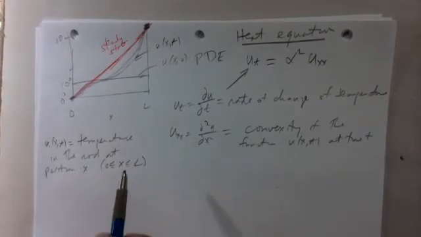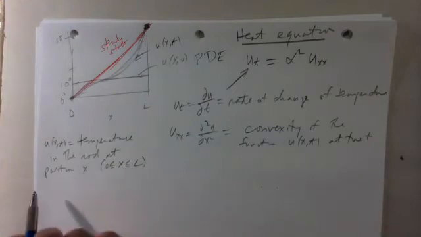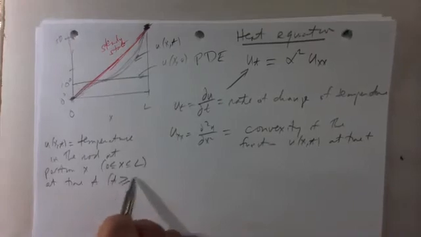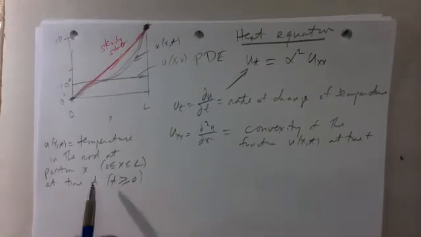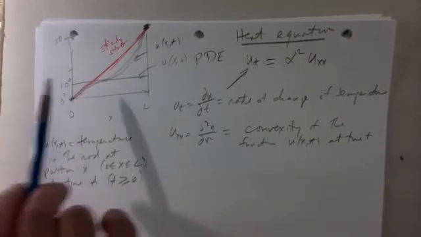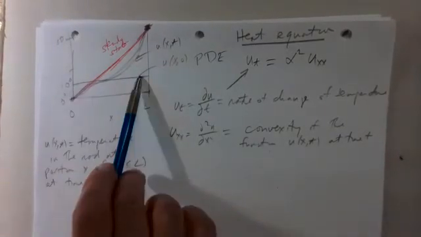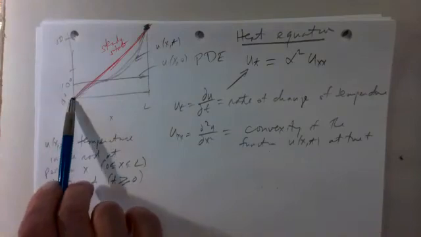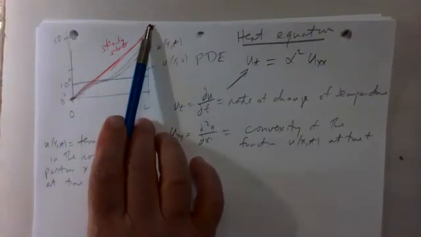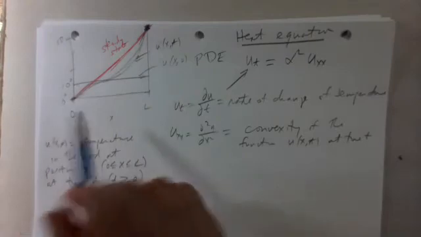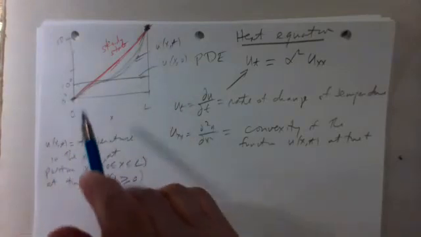The rod is of length L, x is between 0 and L, at time t, t greater than or equal to 0. You start with the rod at a fixed temperature everywhere at 10 degrees, it's constant. Then you set the left-hand boundary to be 0 and the right-hand boundary of the rod to be 50 degrees. And you look at how the temperature changes in the rod.